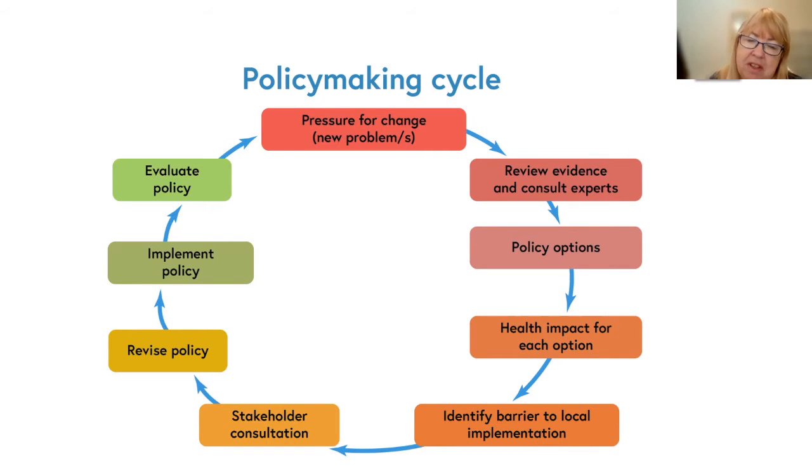Once they'd involved their stakeholders, they would then revise the policy and make any changes that they'd asked for, if they felt they were appropriate. In the end, they have the final decision. But you try to make changes, you try to get people on board. And then you implement the policy, you put it into practice, you circulate it to whoever, and you make it known, you publicize it.